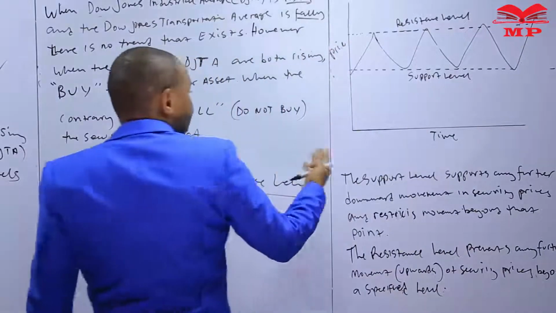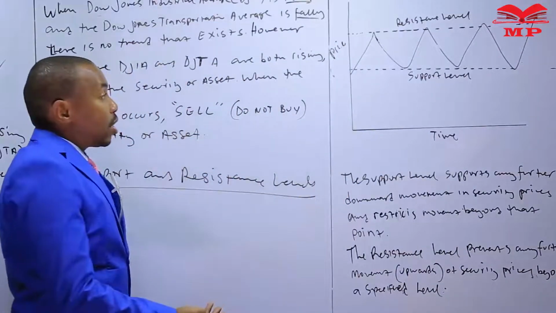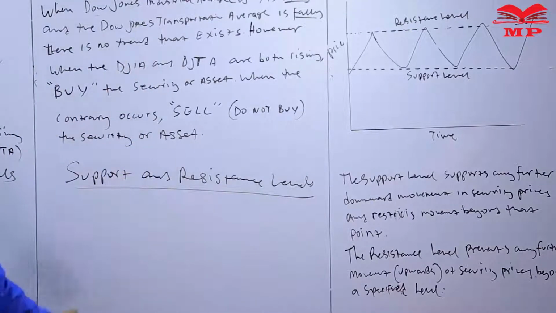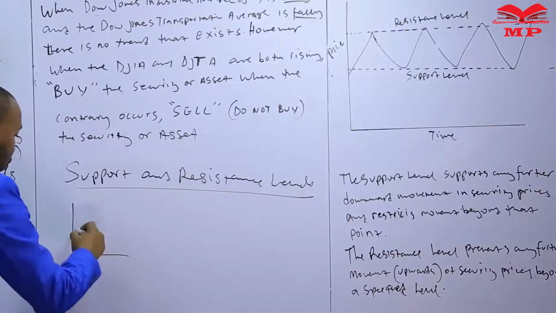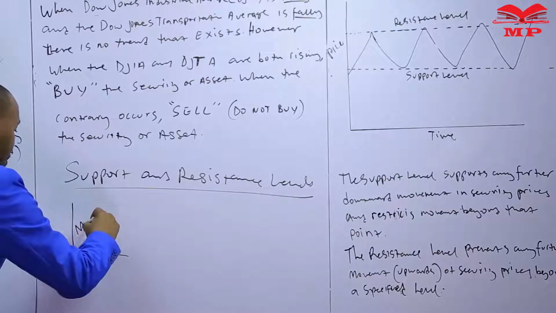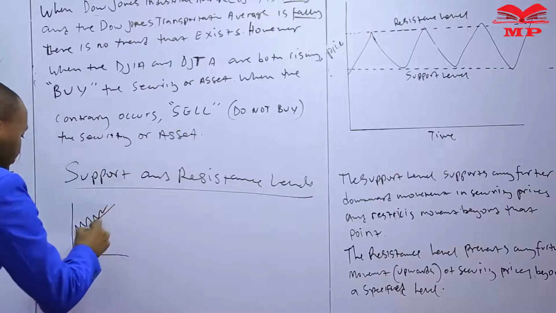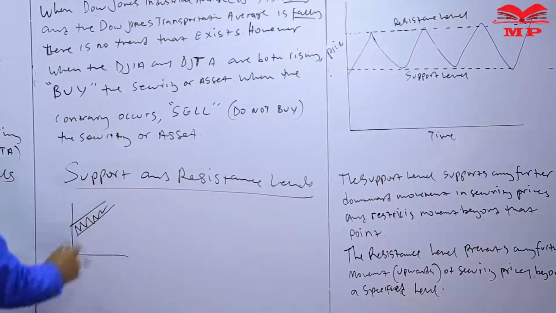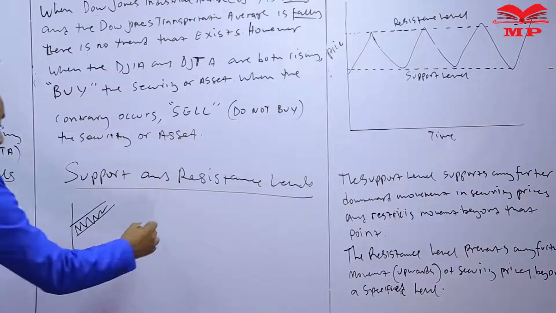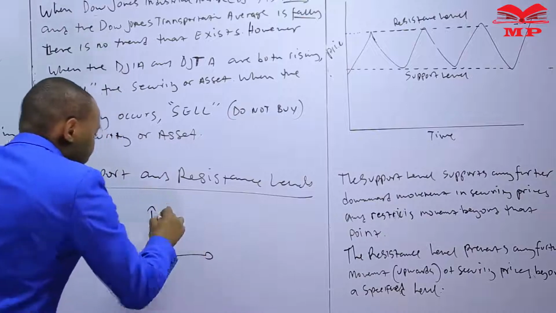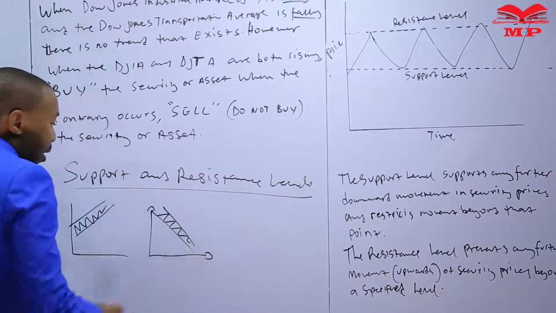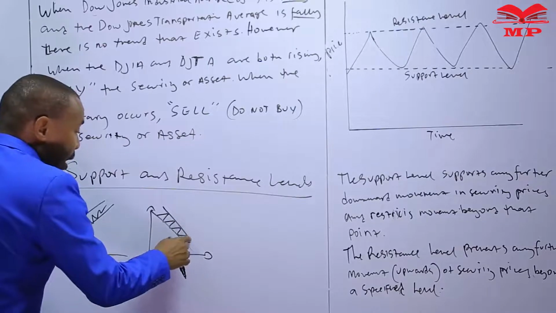Now, the support and resistance levels can provide an indication of trends as well. If we have support and resistance levels moving like that, we can say that this is a channel moving upwards. And if we have support and resistance levels moving like that, then that is in fact a wedge.